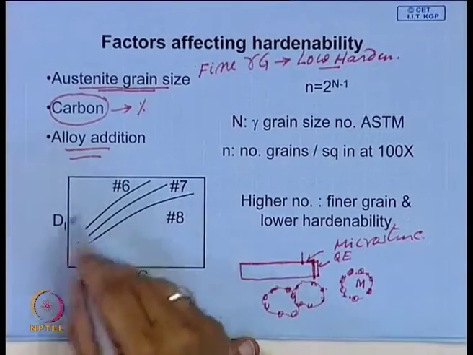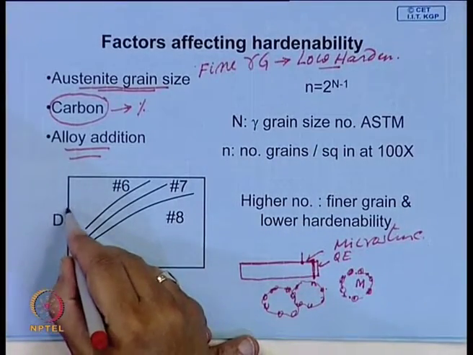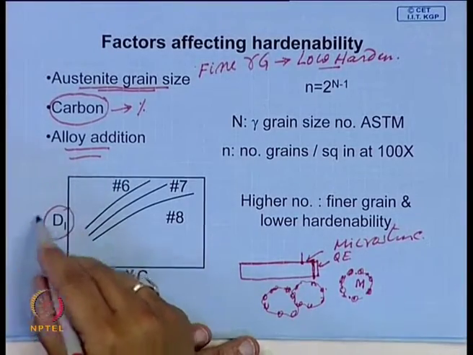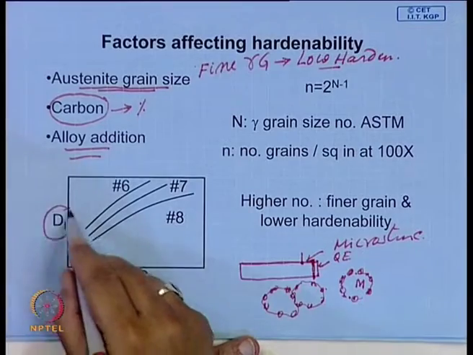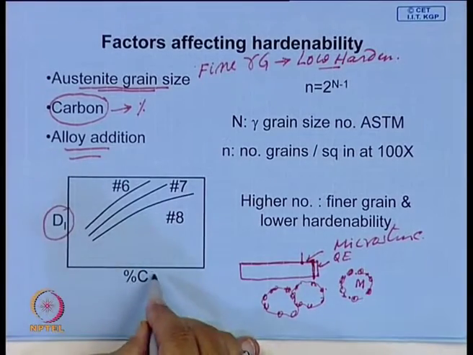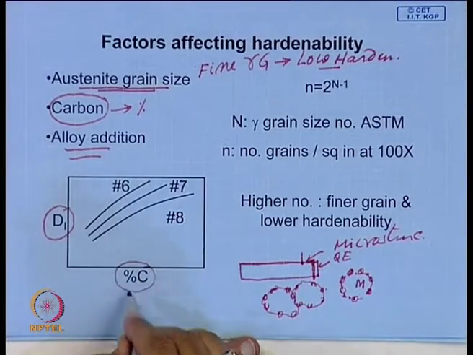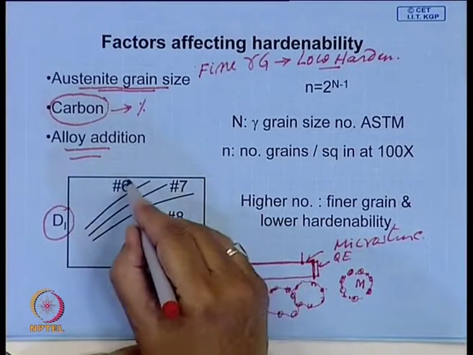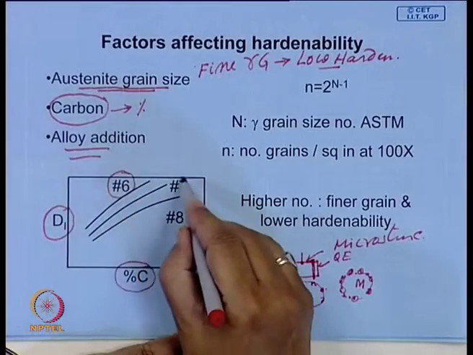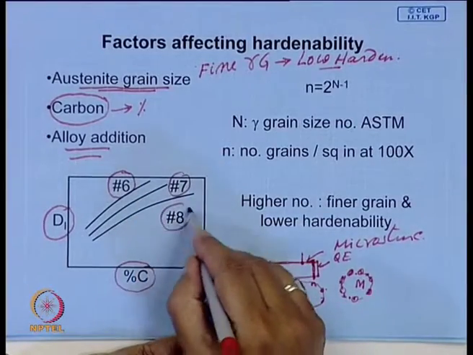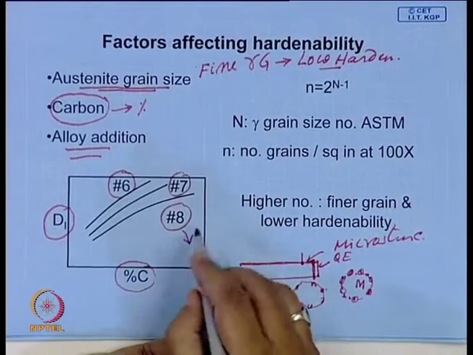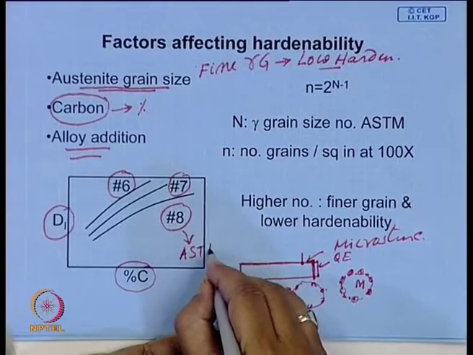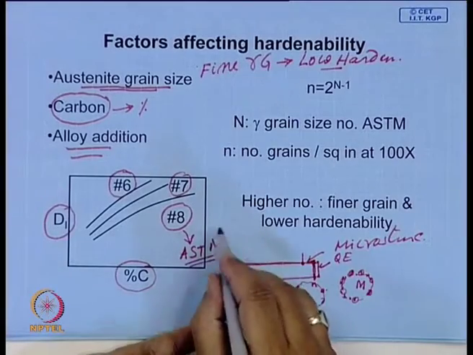So, to sum up, hardenability is defined in terms of ideal critical diameter. If you try to generate a plot of this ideal critical diameter against percentage carbon, you may be able to generate such plots, and here we have put certain numbers. Austenite grain size is defined in terms of a number called the ASTM grain size number.